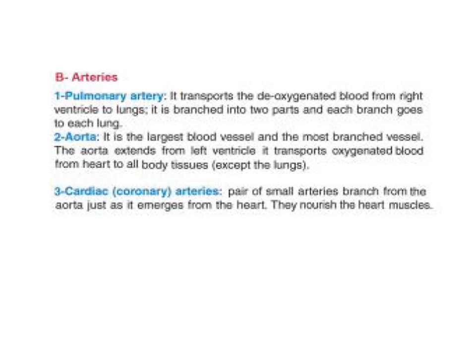The aorta extends from the left ventricle. It transports oxygenated blood from the heart to all body tissues except the lungs. Cardiac or coronary arteries, a pair of small arteries, branch from the aorta just as it emerges from the heart. They nourish the heart muscles.